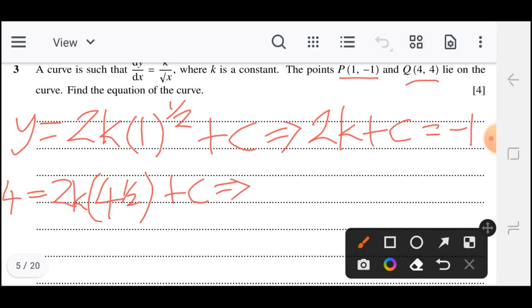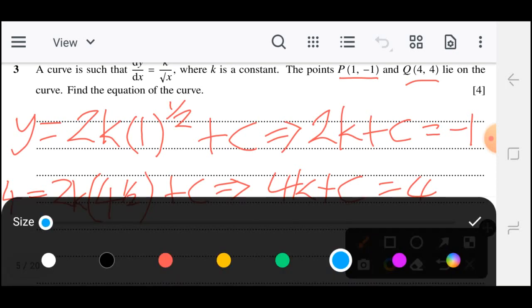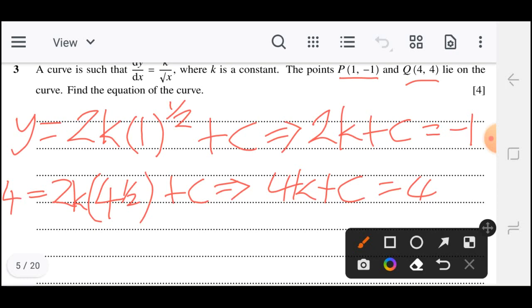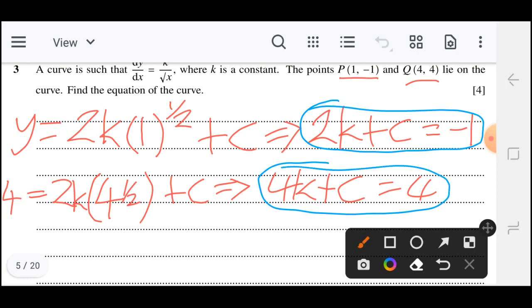Okay, so we are saying here we have 2k times 2 plus c, which is 4k plus c. This is equal to 4. So here we have two equations, and we solve them simultaneously. This is the first one, and that is the other one.